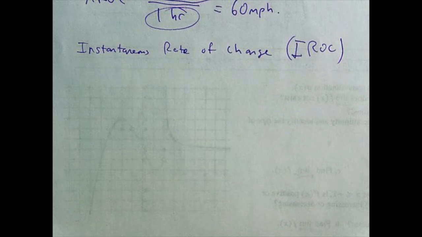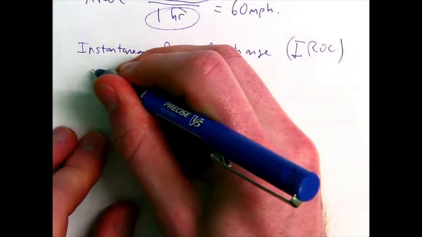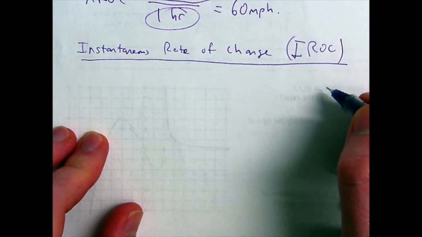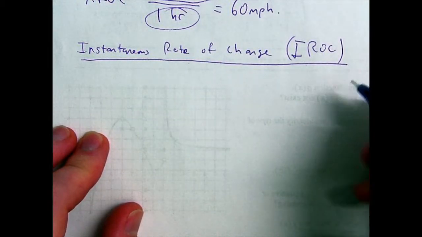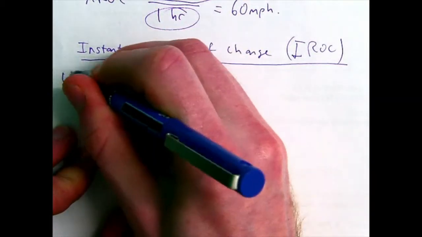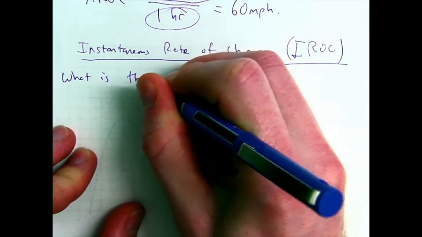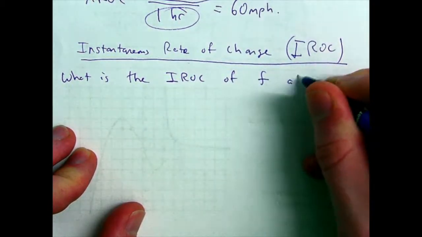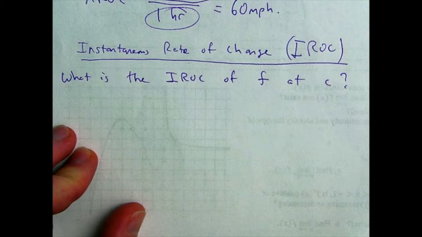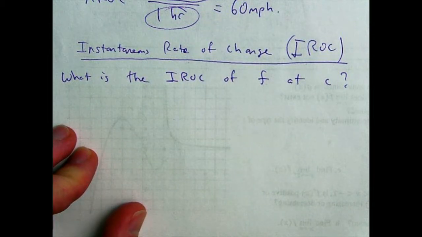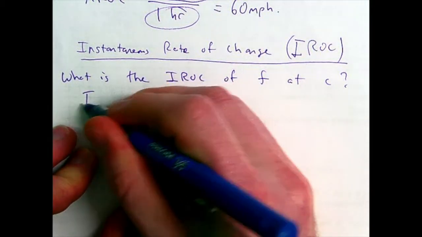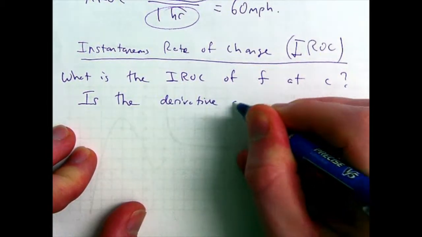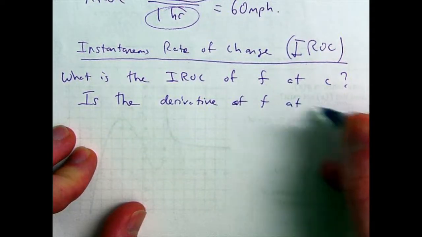Now, it turns out that the instantaneous rate of change of a function, okay, so if you have some function f and you want to know what is the instantaneous rate of change of f at some point c, it turns out that this is the derivative of f at c.